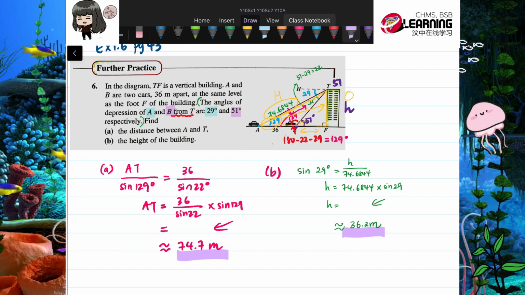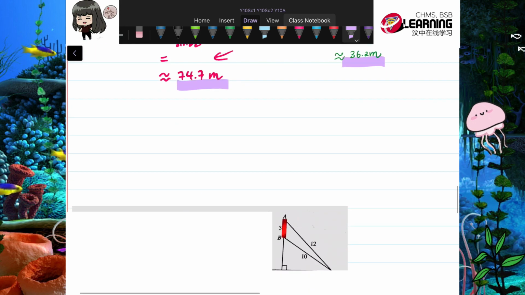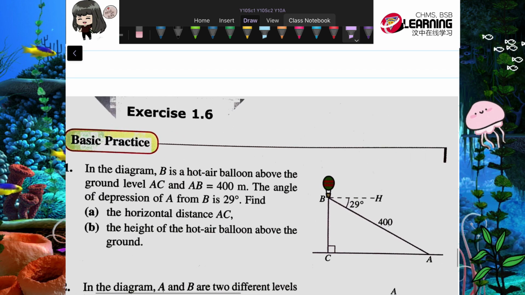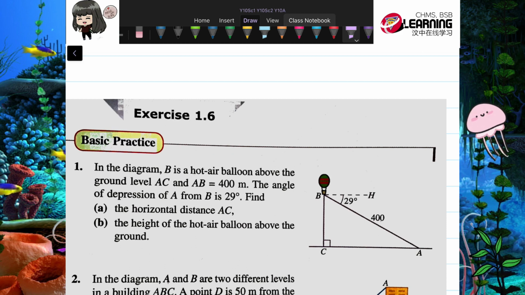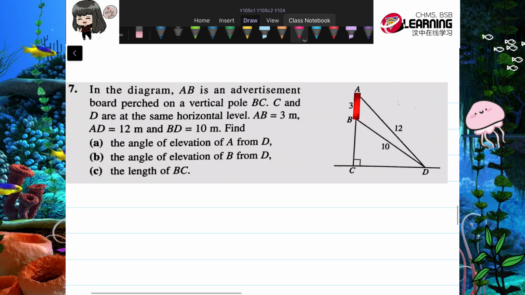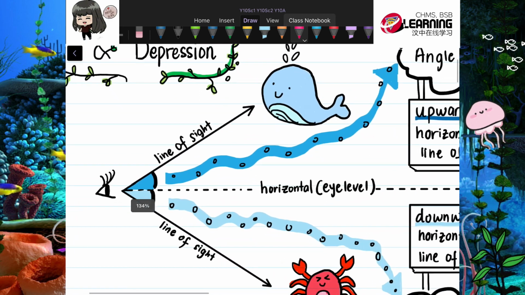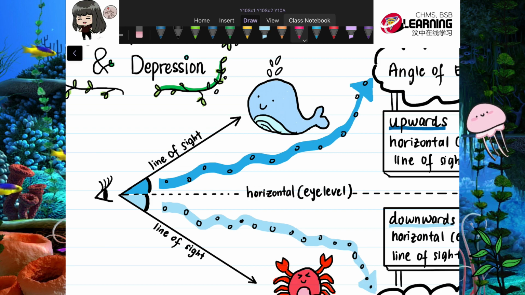Okay, now let's look at question 1. I want you to try out this question 1 before I proceed to a harder question. I'm afraid you guys cannot take it too much. So you try to do this on your own. Your homework is only this question 1. Remember, angle of elevation and depression, you always start from the horizontal, this horizontal eye level.